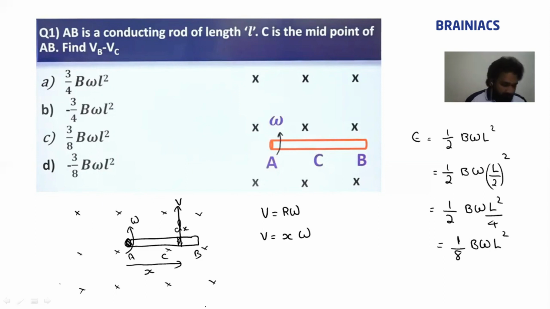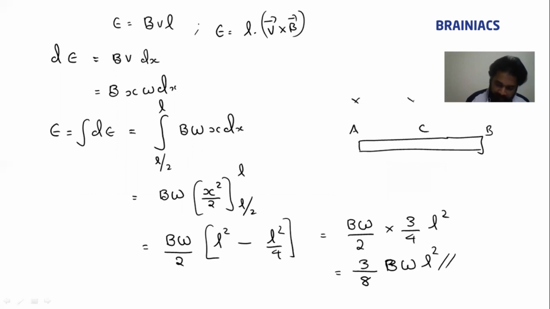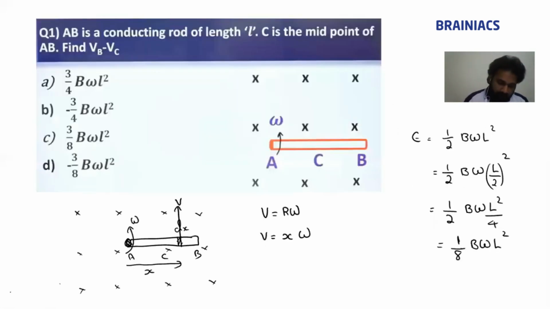Suppose this is the rod, B, C, A, these are the magnetic fields, and V is in this direction. So we got this as the direction of polarity. When they ask VB minus VC, VC is having positive polarity, so we put a negative sign here. Clear? So minus 3 by 8 B omega L square. So option D is the correct answer.